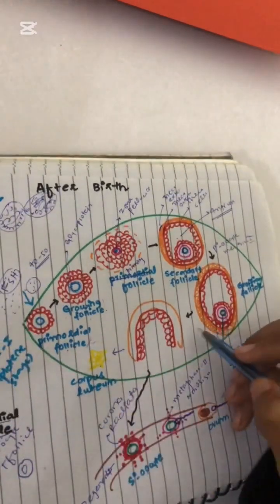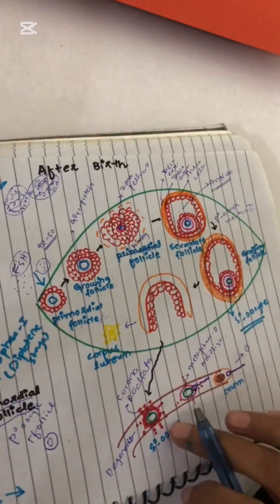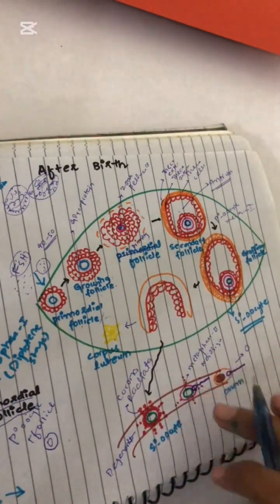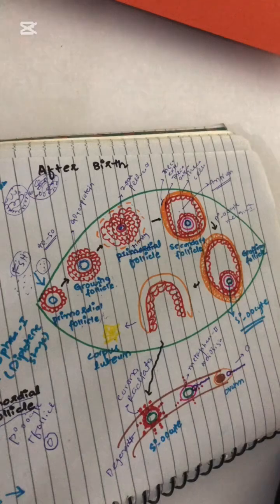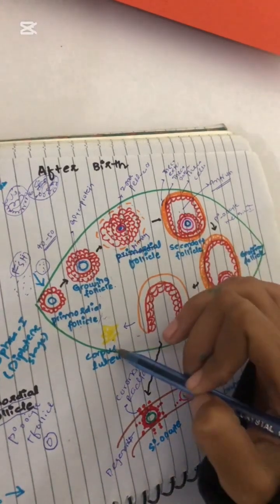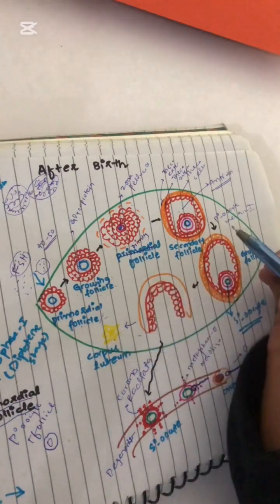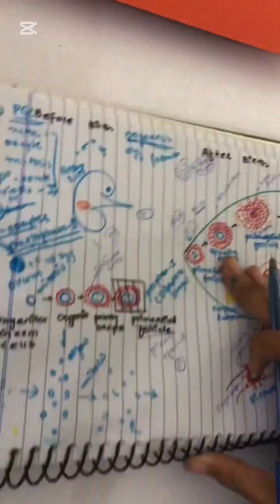The secondary oocyte is released into the fallopian tube, and completes its meiosis 2 when it is fertilized by the sperm. If it is not fertilized by the sperm, it simply degenerates, and the remaining Graafian follicle forms the corpus luteum. This is all about oogenesis.